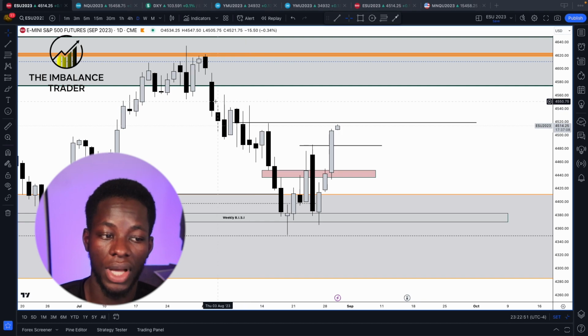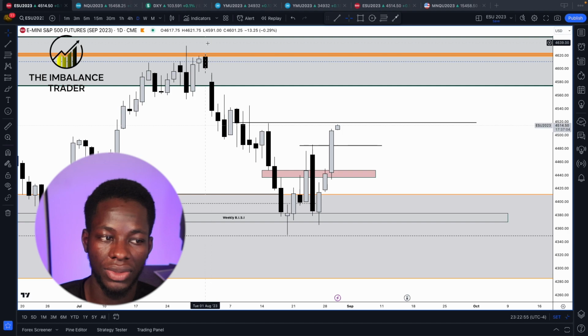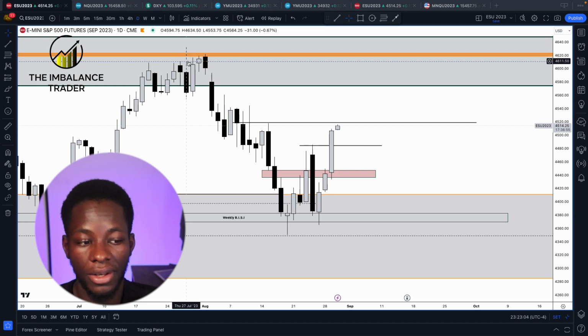After that, we can see if we can target this high, back into this fair value gap, back into this liquidity void, and back above this buy side. That's the idea, framing the trade.